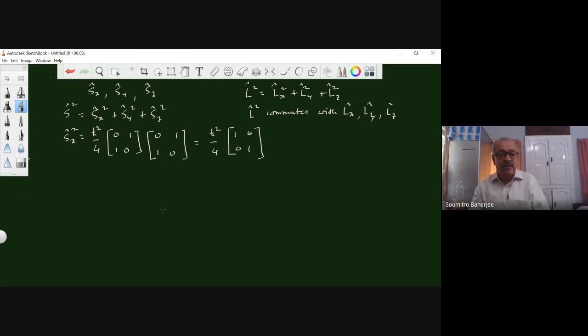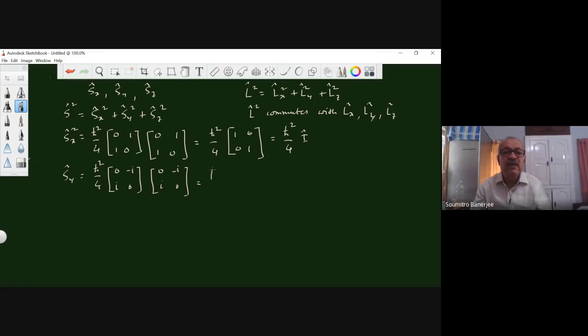So it is h cross square by 4 times the I operator. And if you do all these, Sy square is h cross square by 4, again with the matrix 0, minus i, i, 0 squared. Again it will give h cross square by 4 times the identity operator. So all these are essentially the same thing. It yields the same thing.